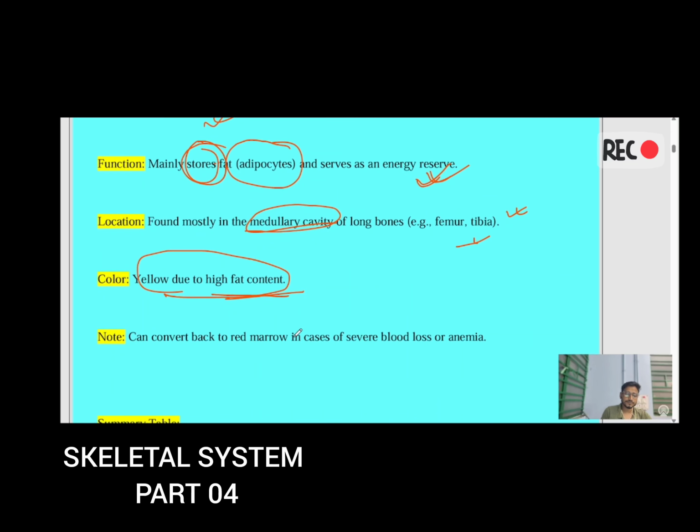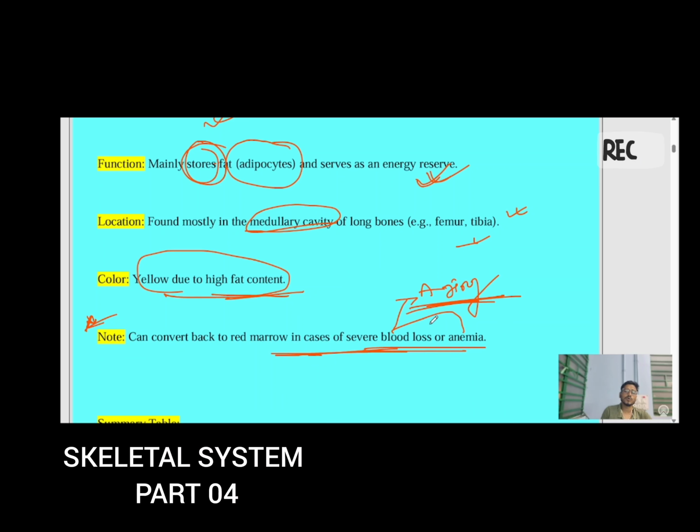And it is a very interesting thing: yellow bone marrow can convert to red bone marrow in blood loss and anemia. Blood loss and anemia are related, and it is also related to aging.